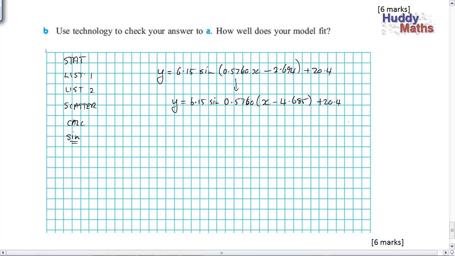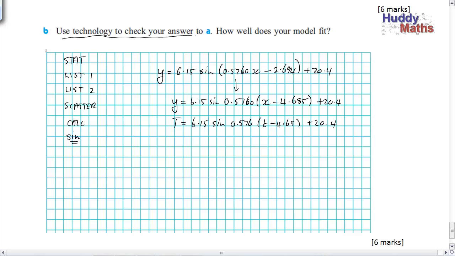Okay, now I'll tidy it up a bit and go back to T equals 6.15. Bring it all now back to 3 significant figures for 0.576. Little t here minus 4.69 plus 20.4. Okay, now let's mark it.